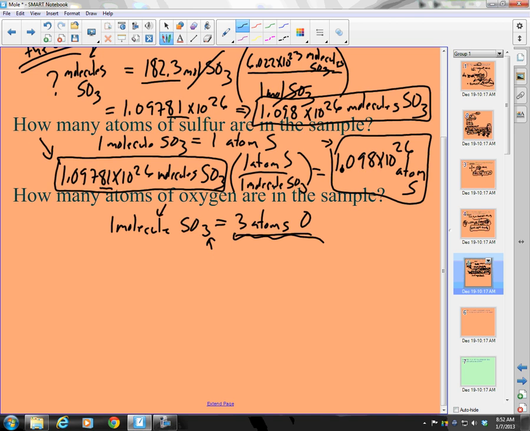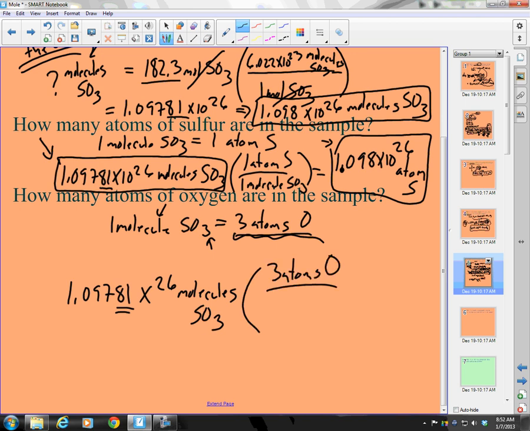So let's go back. We want to know how many atoms of oxygen are in my sample. We have 1.09781. I underline those digits telling me they're not significant, but I have to use them because I don't want to round till the end. Times 10 to the 26 molecules of SO3 times what? I have 3 atoms of oxygen per every molecule of SO3.